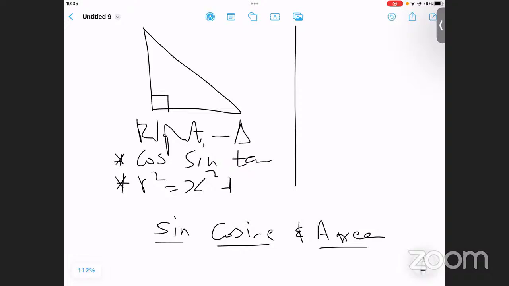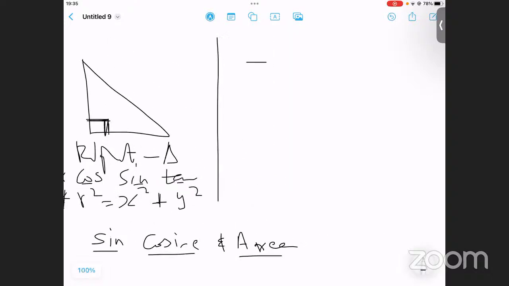So in short, you can use the trigonometric ratios and theorem of Pythagoras to answer questions related to a right-angled triangle.